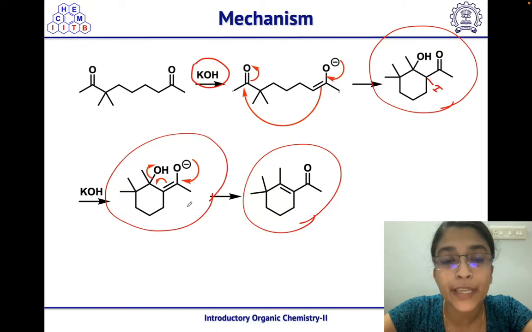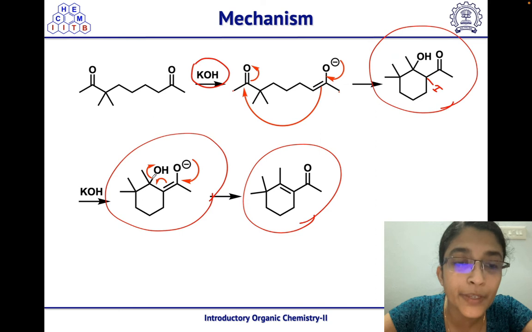Here even the E1cB mechanism is taking place. Again, a conjugate base will be formed that is stable. Then it will undergo rearrangement, and elimination is taking place. Clear?